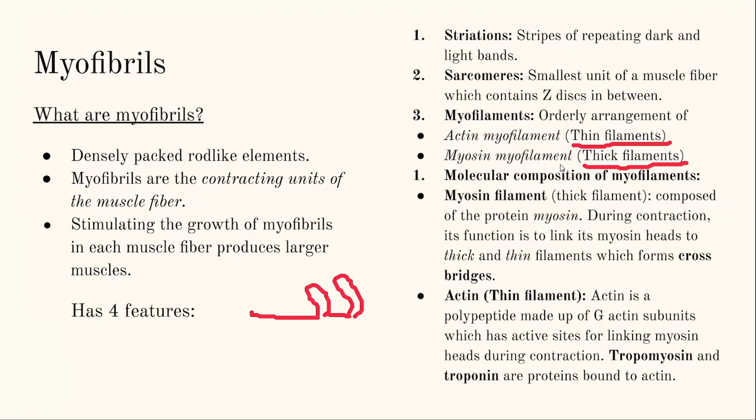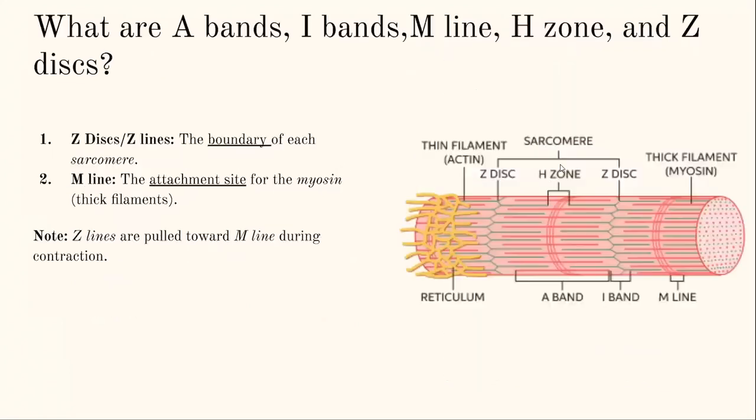I'll get to the slides and all of the steps of what happens in a bit. And we also have these other proteins called tropomyosin and troponin. Again, I'll get to those in a second.